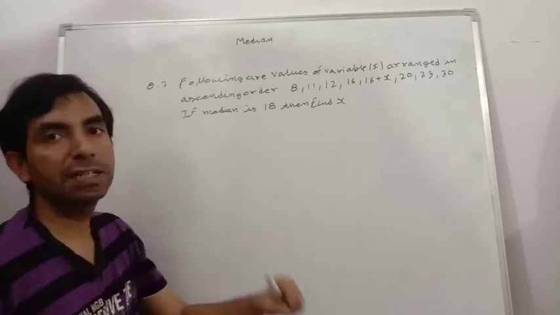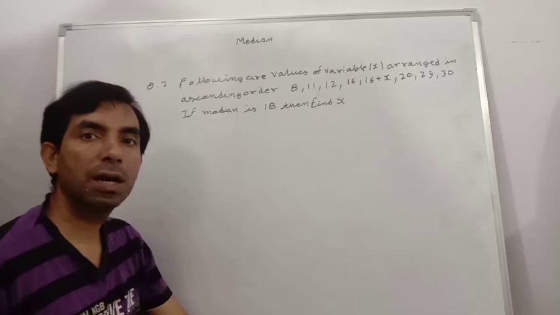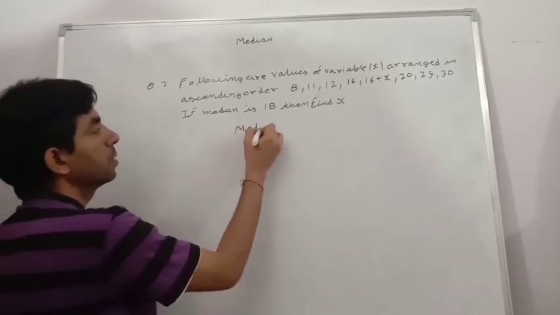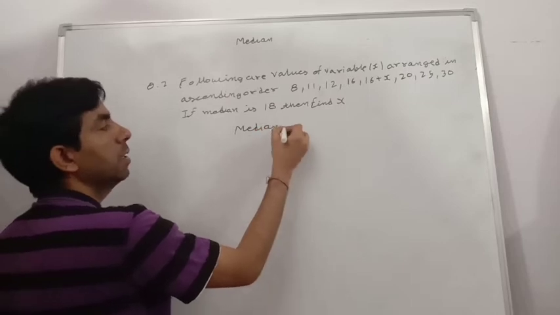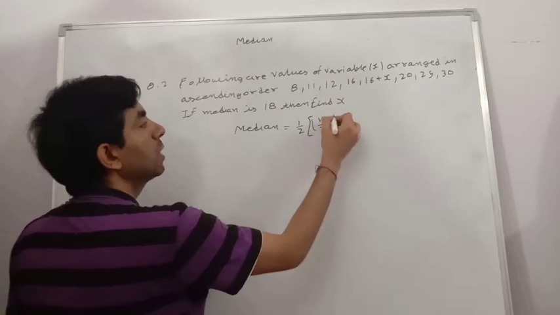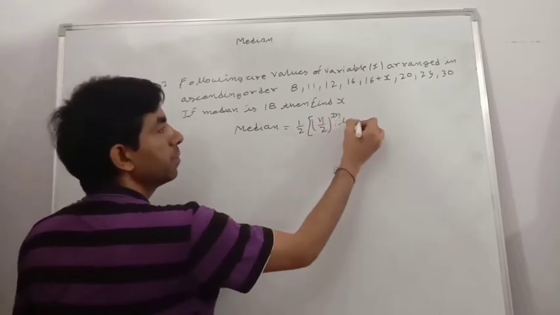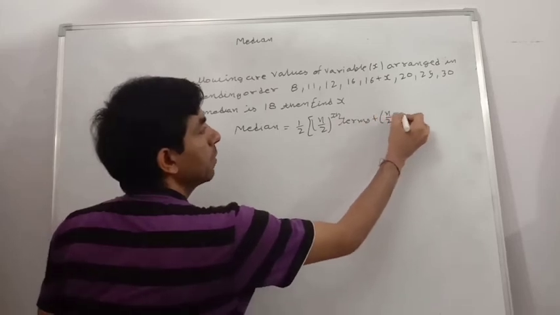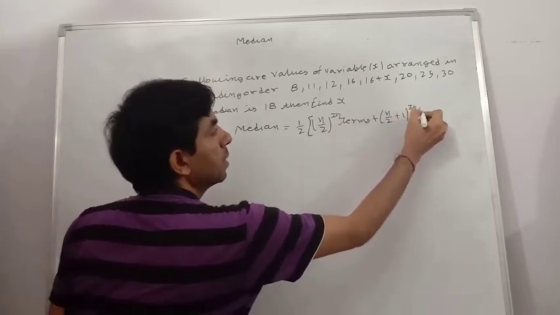Here the number of data is even, so we use the median formula for even terms. Median equals 1 upon 2 bracket n upon 2 th term and n upon 2 plus 1 th term.